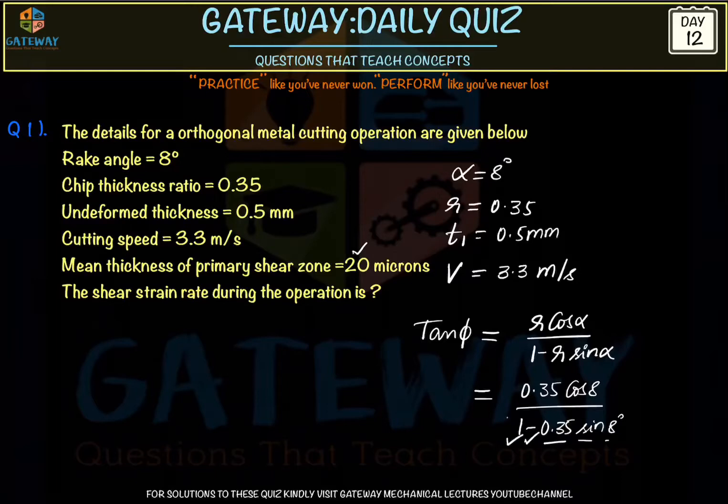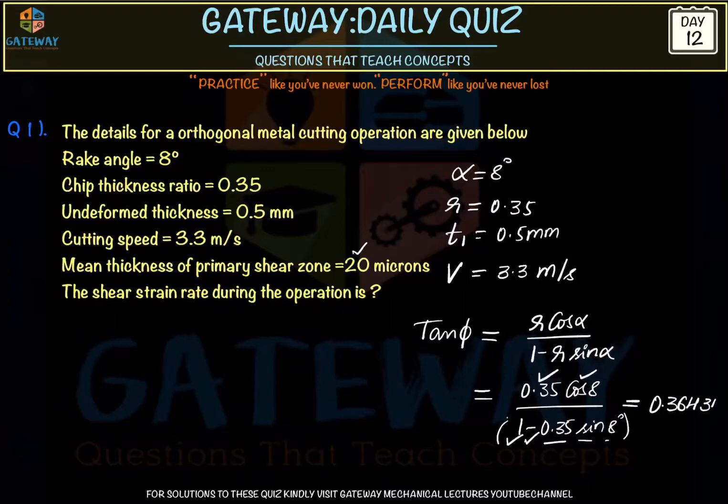Then we apply the inverse, there is an option called 1/x, and we apply that. Then this complete value goes into the numerator. Then we multiply by cos 8, then multiply by 0.35. Then we get the value of tan phi, and the tan phi value we get is 0.36434. We need to learn some tricks while doing calculations in the virtual calculator.